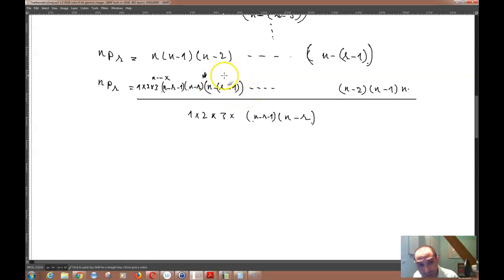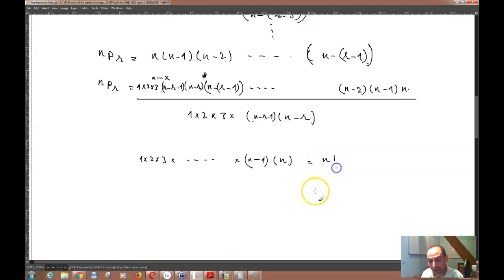So naturally this is going to be n factorial, because n factorial is nothing but 1 times 2 times 3 times all the way up to n minus 1 times n, and that is the same thing as n factorial.